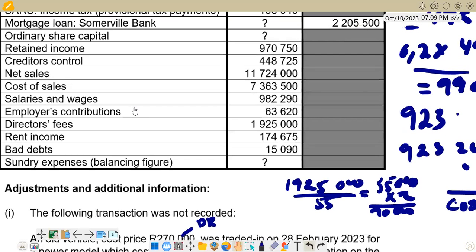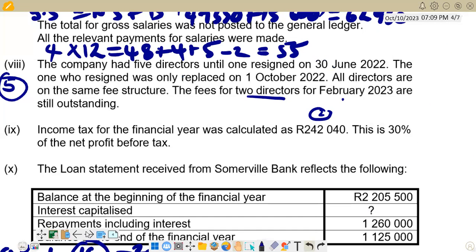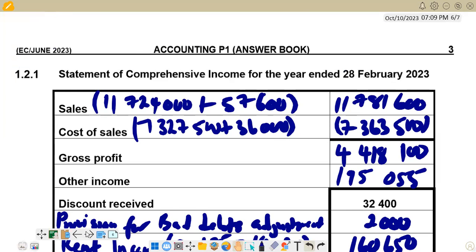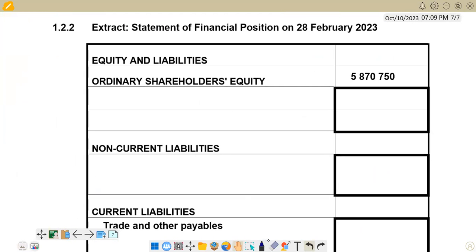We are seeing that retained income is given there. Retained income here is 970,750. So we can go and input that one, 970,750 for retained income.